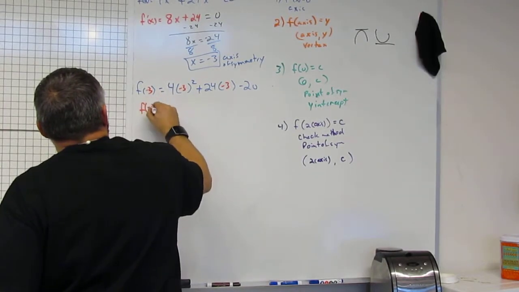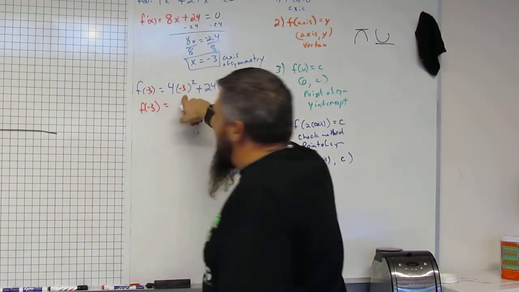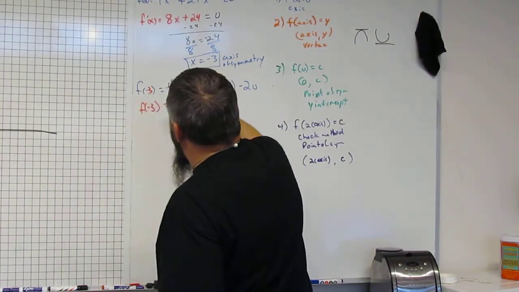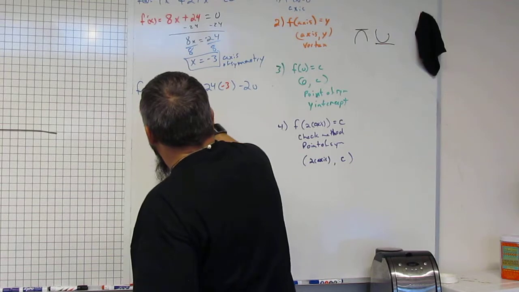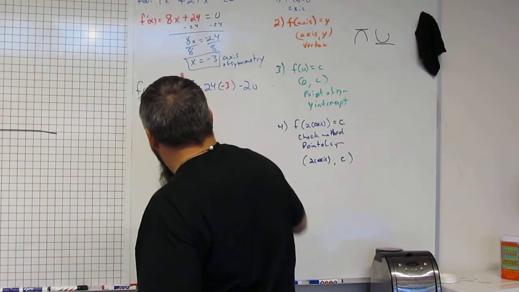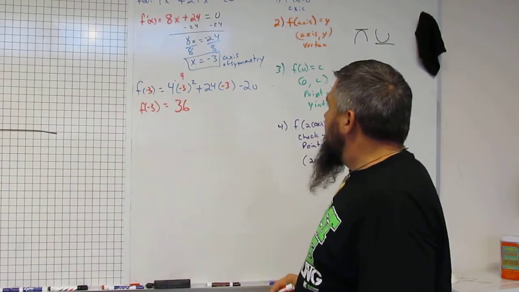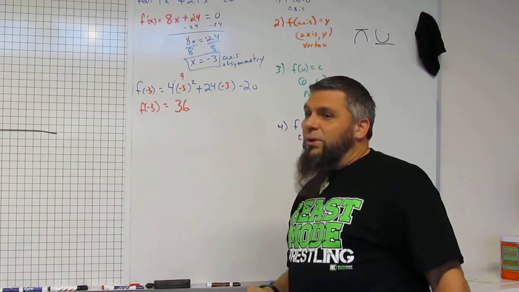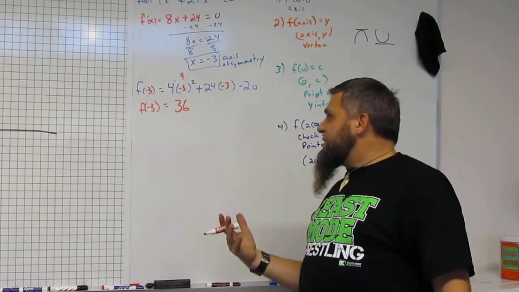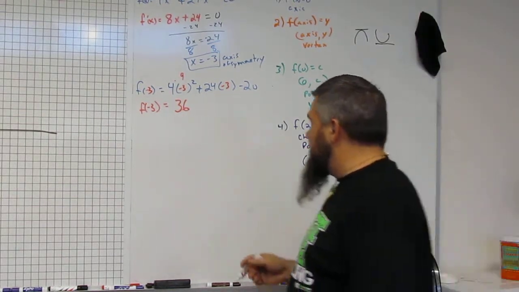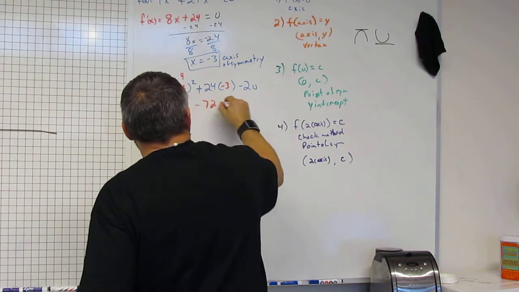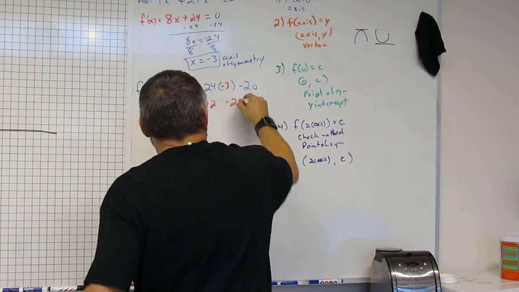f of negative 3 is equal to, well, negative 3 squared is 9. 9 times 4 is 36. Negative 3 times 24 is negative 72. So it's 36 minus 72 minus 20.